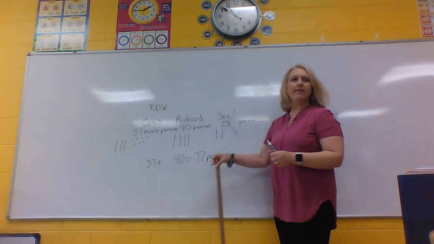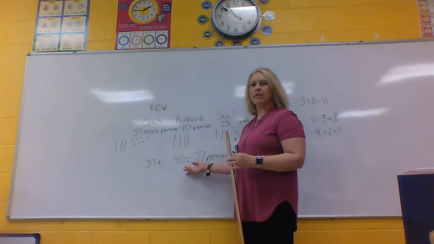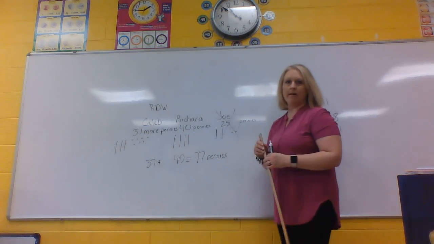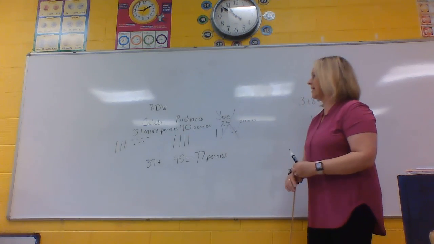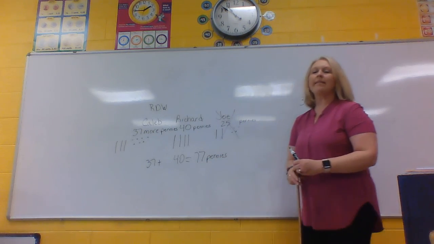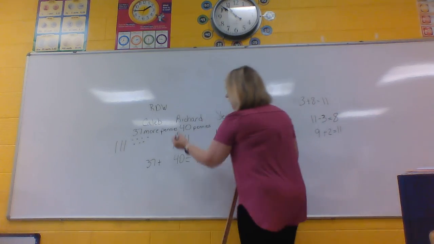Yes. 77. So we used two strategies. We used our number sentence equation and knowing some of the number facts that we know, and we also counted the tens and ones. So now, last sentence. Not only are we going to write the equation, let's write the answer in a sentence. So it was asking about Caleb.